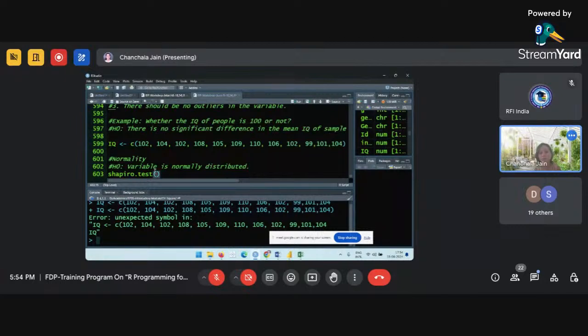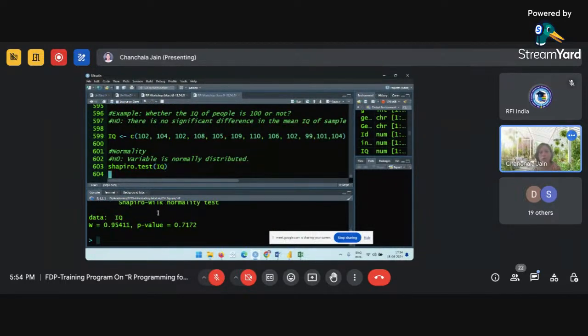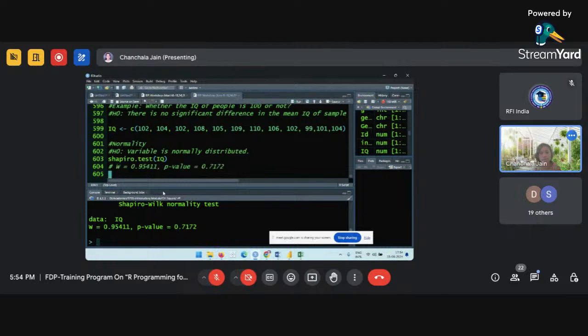Now, using the Shapiro.test, you need to put the name of your variable inside it, like this, and then press Control Enter. So you would be able to see that we are getting these values. Is it okay? May I start explaining further?